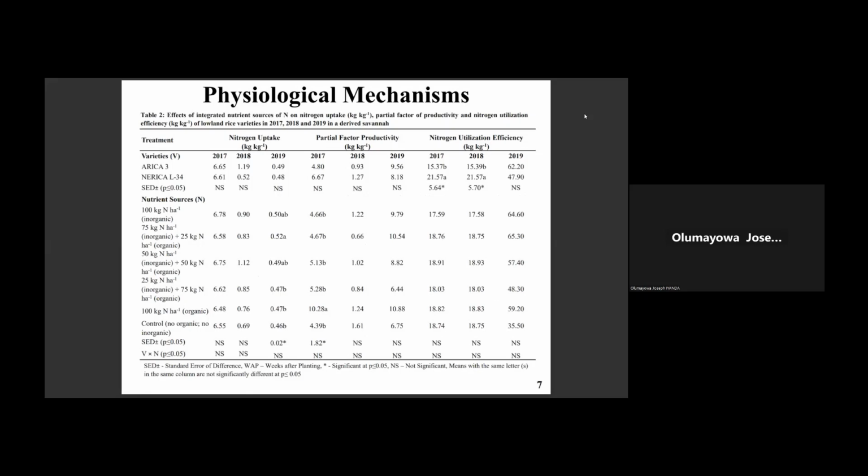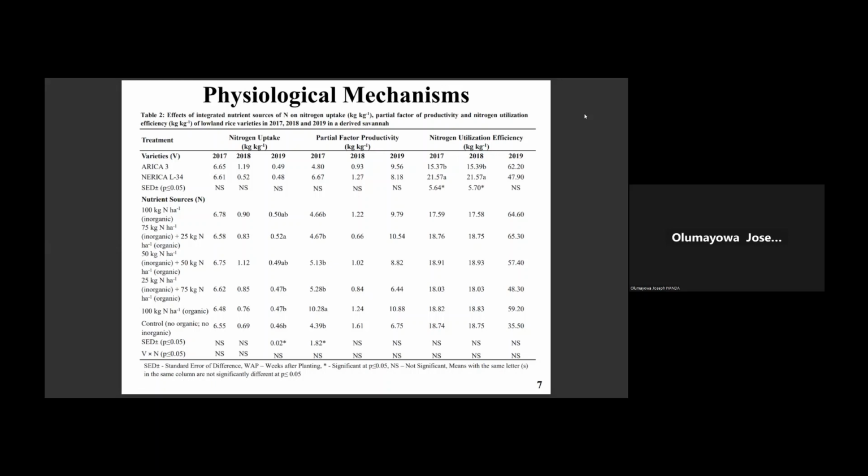Okay. Table 2 shows the physiological mechanisms where the nitrogen uptake was significant in the year 2019 when inorganic fertilizer was combined with organic fertilizer at the rate of 75 kg nitrogen for inorganic and 25 kg nitrogen for organic, where we have the highest nitrogen uptake for this rate.